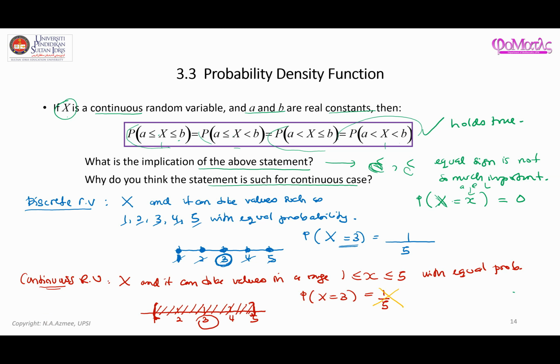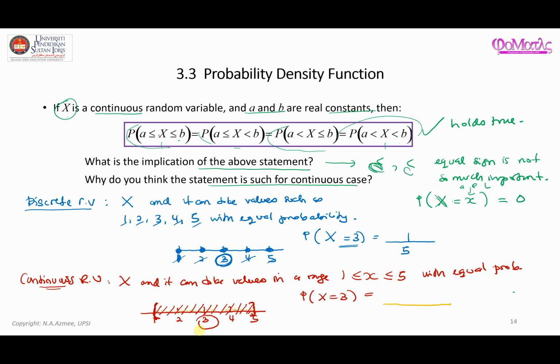Now if you want to find what is the probability x is equal to 3, we need to know how many possible answers or possible outcomes that we can have at the bottom here. How many? And the number of possible results is not going to be 5 because we have infinite possible values here.